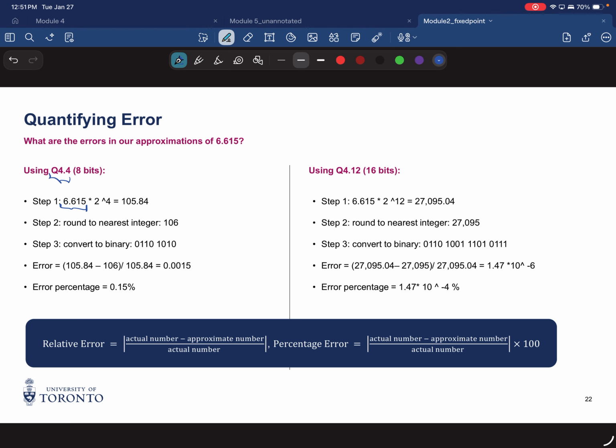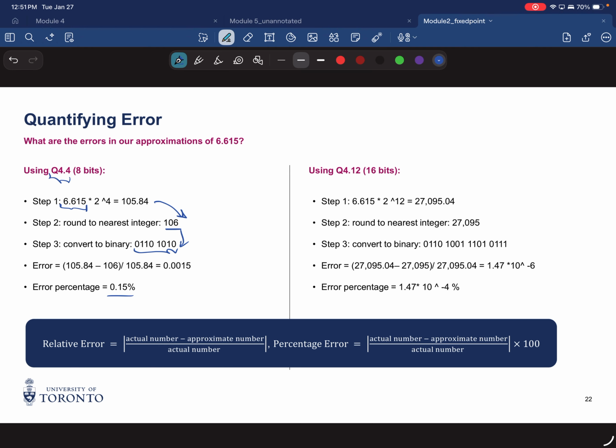And that's going to be 105.84. Then you round it to the nearest integer, that's 106. As soon as you do this, the error happens. As soon as you round up or round down, you have to round up because that's the closest integer, that's when the error happens. Then now we can show 106 with 8 bits in this way. And you can say how much error you had. Here we have 0.15% error.